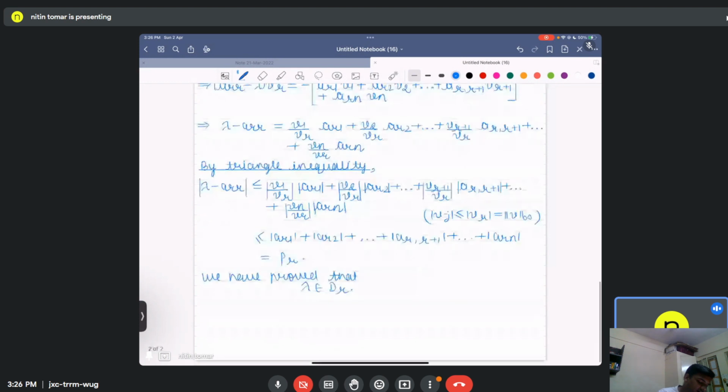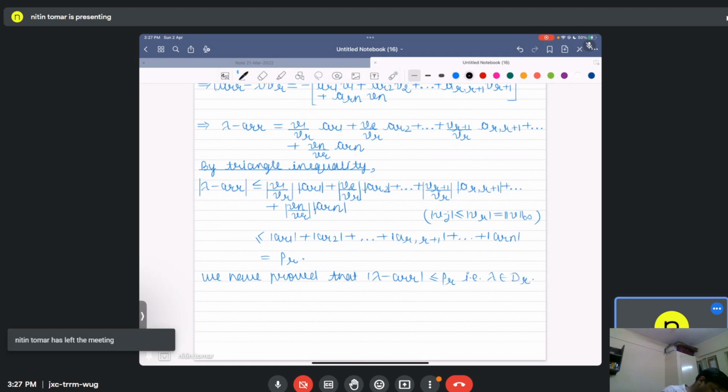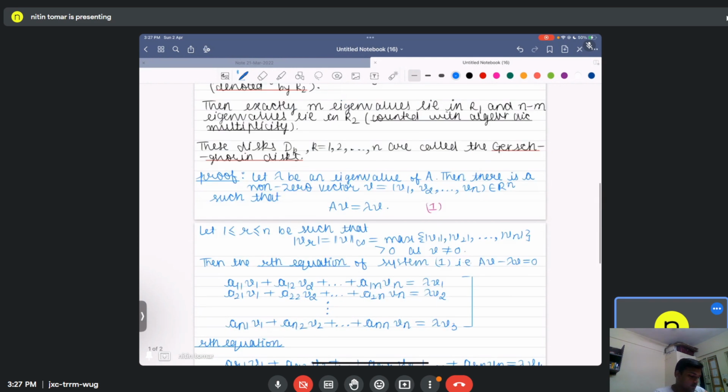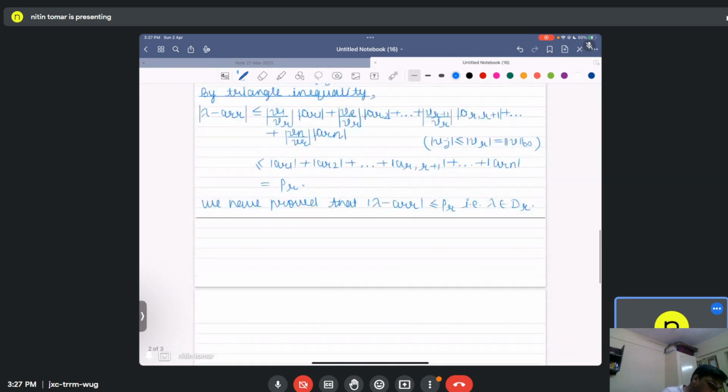Yes, so we have proved that mod of lambda minus ARR is less than or equal to rho R, that is, lambda belongs to DR. So hence this was the proof of the Gershgorin circle theorem.